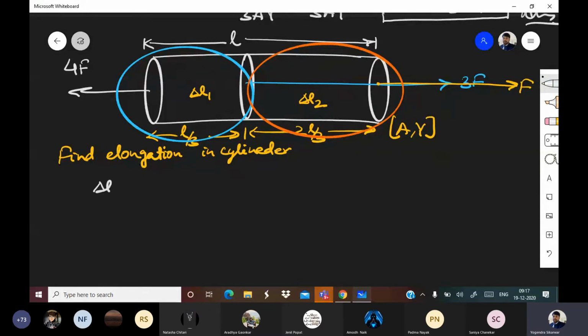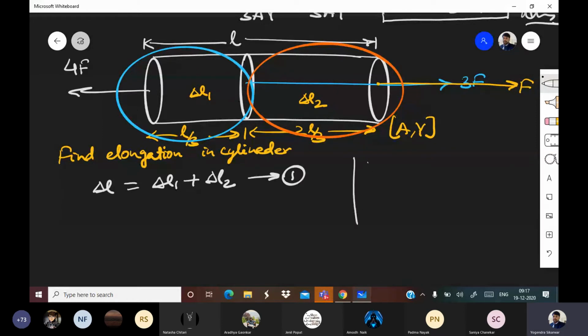So delta L will be delta L1 plus delta L2. Delta L1 and delta L2 are the elongations in these two parts.